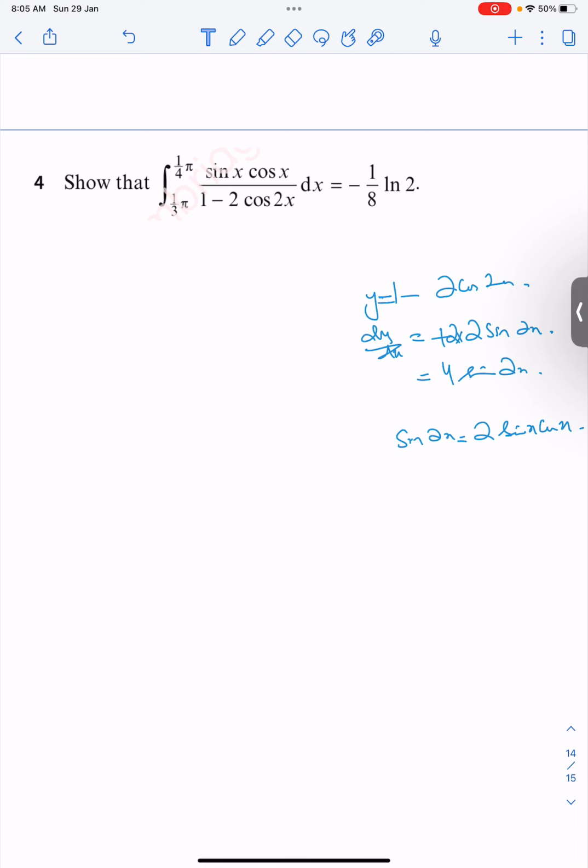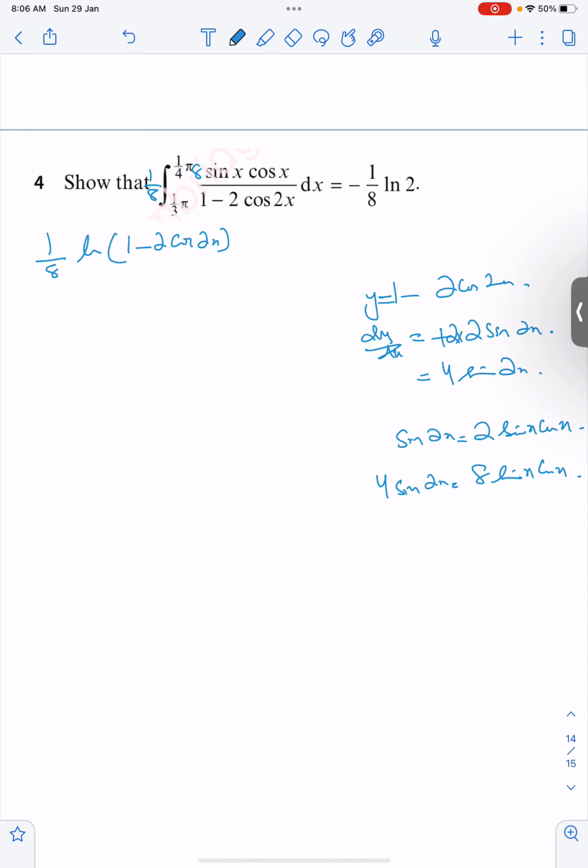So in the next step, I'm writing it down like this: 4 sine 2x is equal to 8 sine x cos x. Now what is missing here is actually 8. If you introduce 8 on your own here, you have to introduce 8 here as well, and it will become 1 upon 8 ln 1 minus 2 cos 2x.